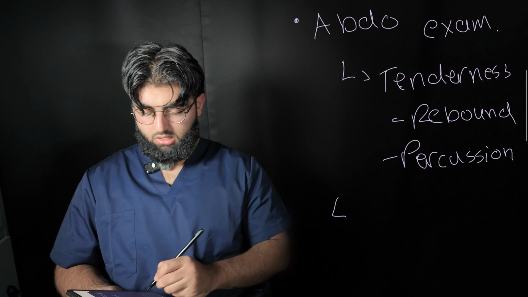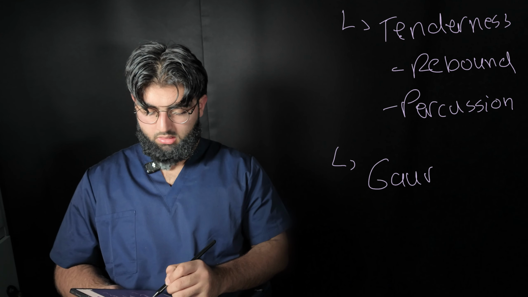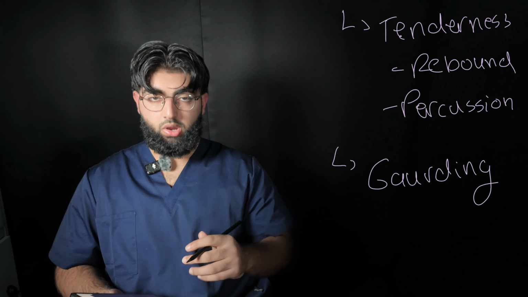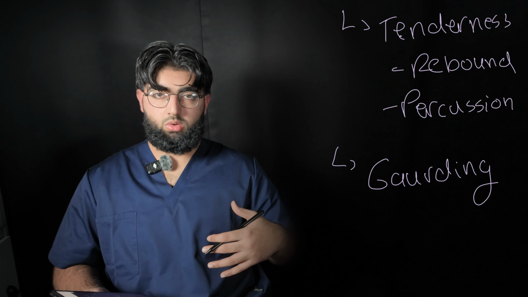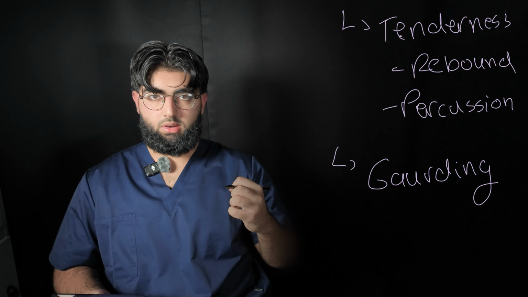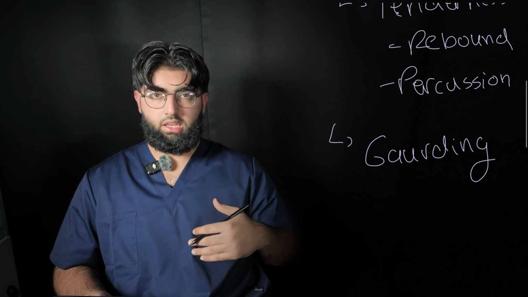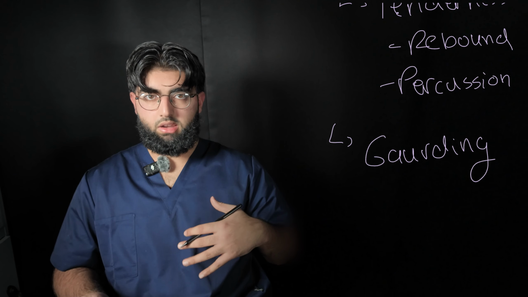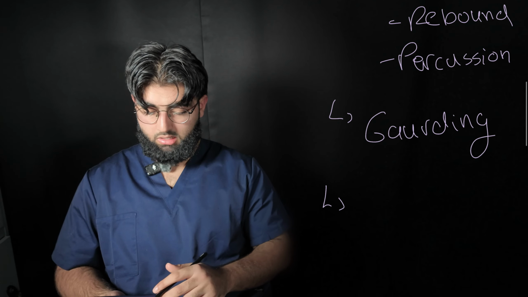You may also see guarding, right? Now, guarding is simply just where the abdominal muscles around that area, so the right lower quadrant, tense up, right, involuntarily, and this may be due to the underlying inflammation of the peritoneum itself, which may cause the muscles to tense up, right?